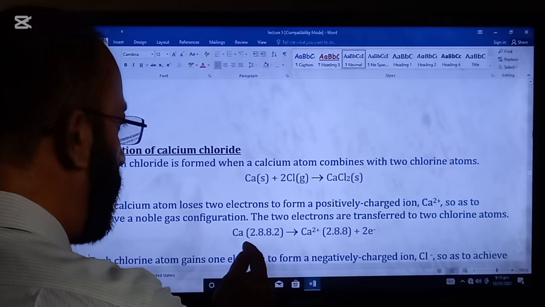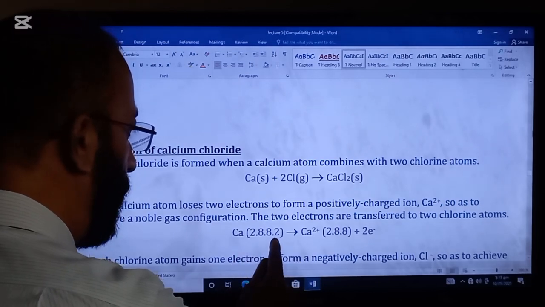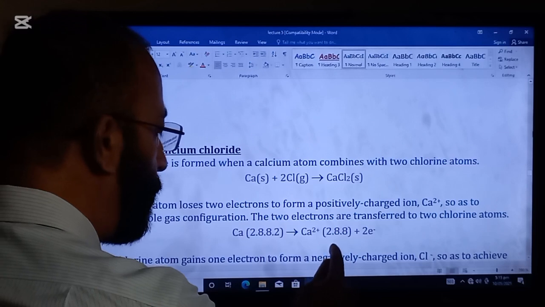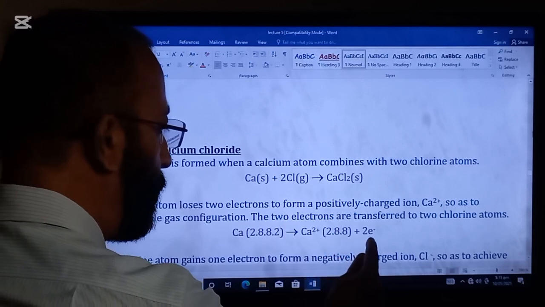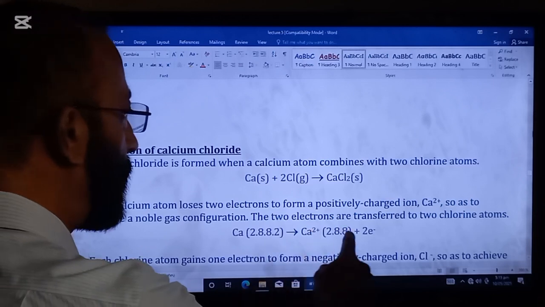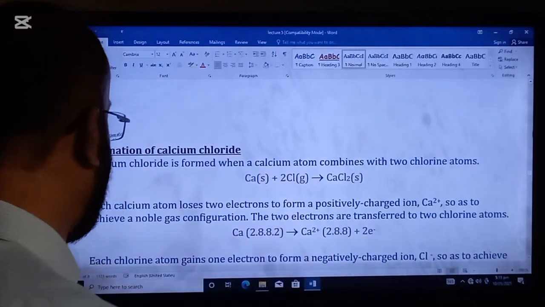Here is Ca 2,8,8,2. It will lose the last 2 valence electrons to get the noble gas configuration, that is 2,8,8, and these 2 last valence electrons will be lost. The 2 electrons are transferred to 2 chlorine atoms.